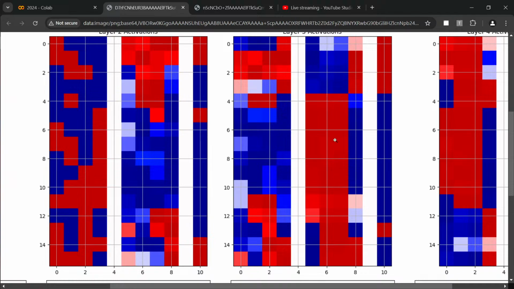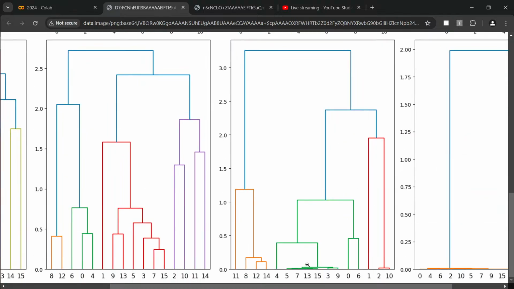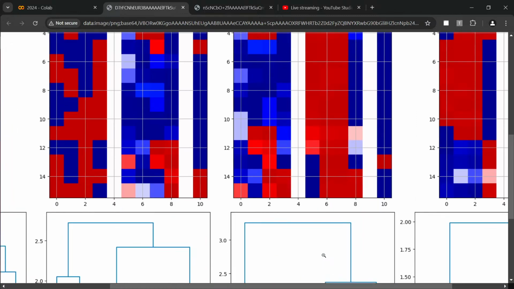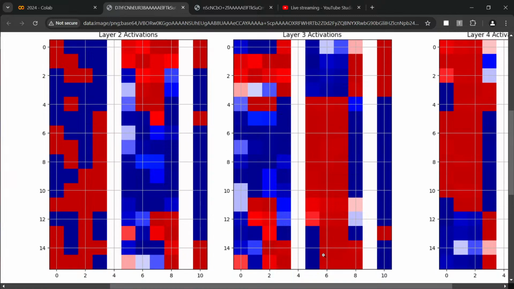They're agglomeratively clustered, which means it's this algorithm where you go through all pairs, you pick the closest pair, you join them, that becomes a new pair, and then you repeat, and it's O(n) cubed.